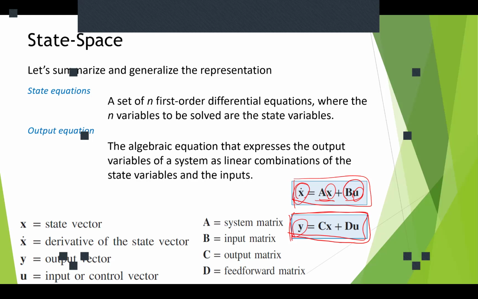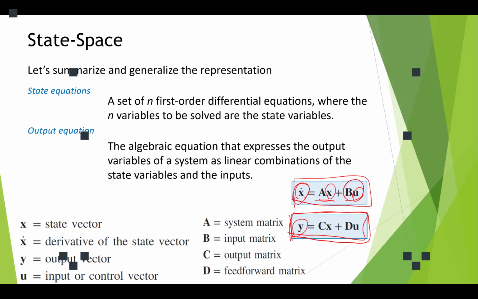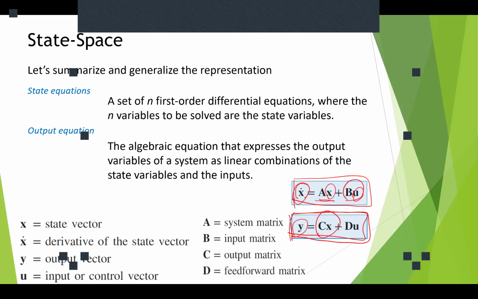This is the variable that you want to analyze. And we could describe that specific variable based on a linear combination of the state variables that we defined earlier, plus the linear combination of whatever input we have in our system. Is that clear?